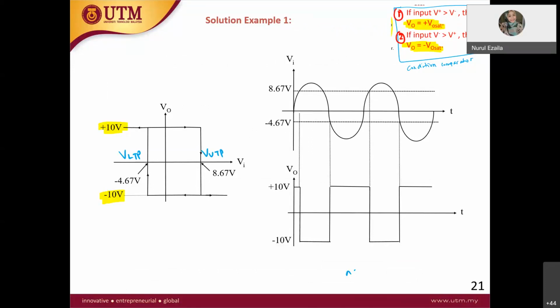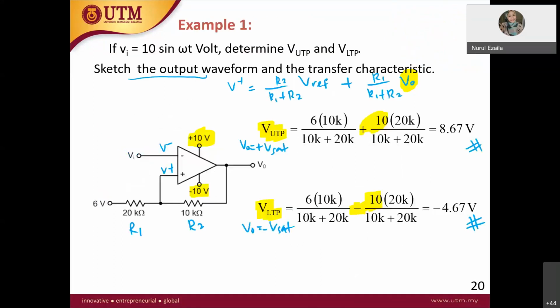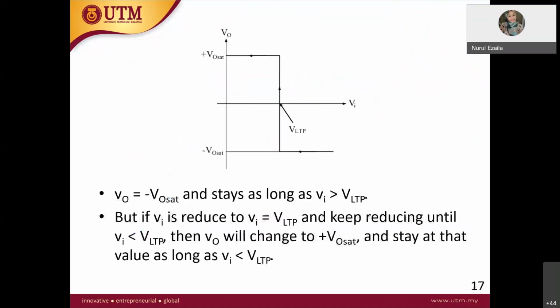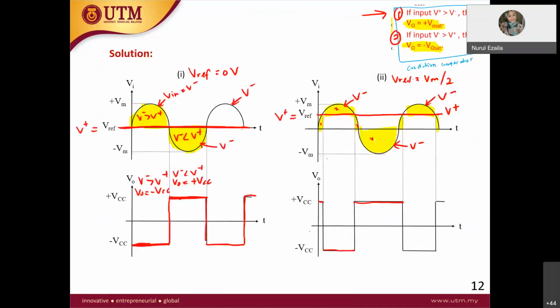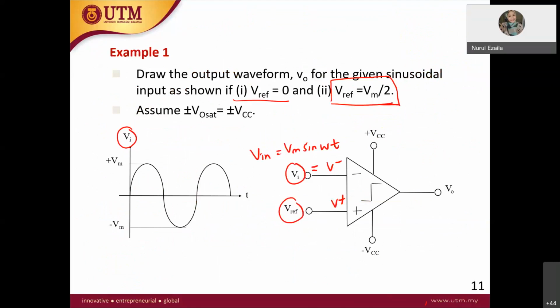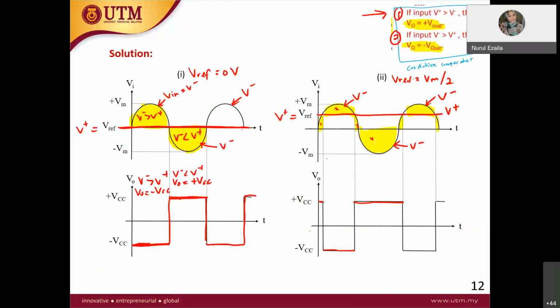So now you have two conditions. In the previous one, you have one condition only, where you have one line only. For example, in this case, you have one line only, which is V reference equal to V plus, or V reference equal to Vm over 2.